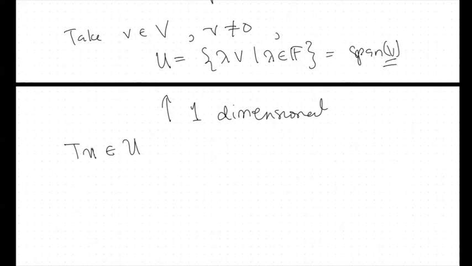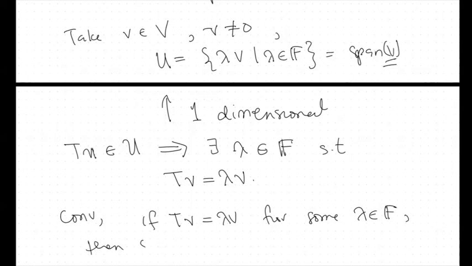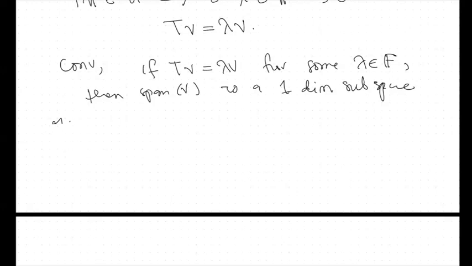Hence, there exists a scalar lambda such that T of V is equal to lambda V. Conversely, if T of V is lambda V for some lambda in F, then the span of V is a one-dimensional subspace of V invariant under our T here.